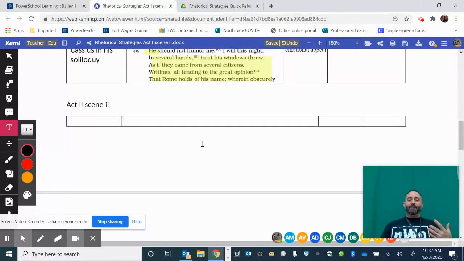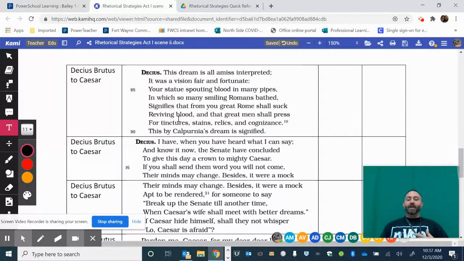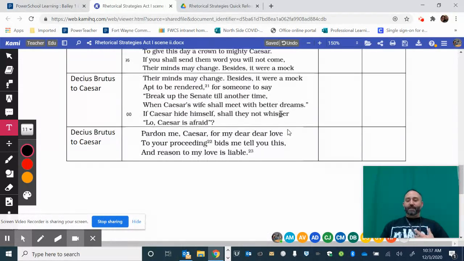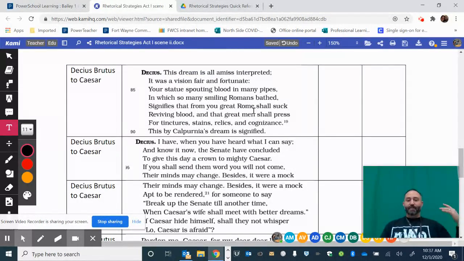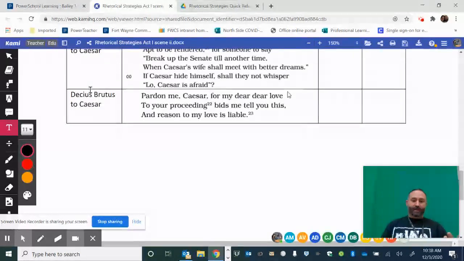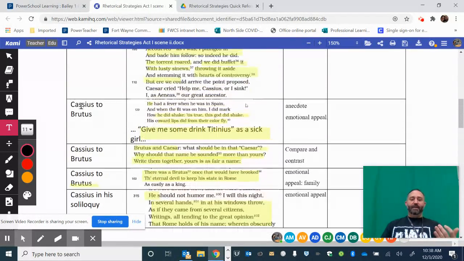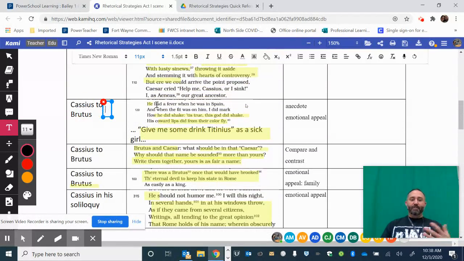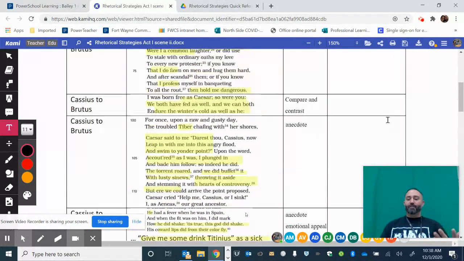Now, I'm going to preview Act 2, Scene 2 with you. You don't have to finish this part, because Act 2, Scene 2, which is next week, we'll go over separately. But persuasion is one of the most important motifs in this play. Decius Brutus is persuasive to Caesar, and in this case, Cassius was very persuasive to Marcus Brutus.